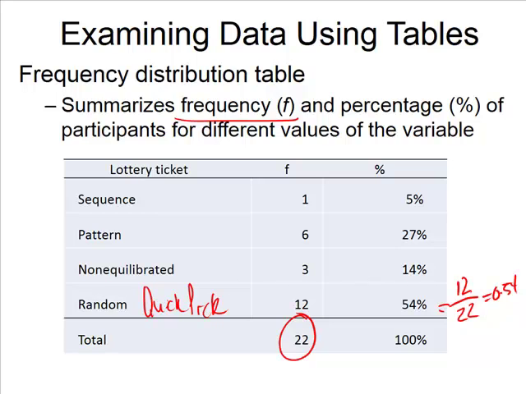So if we're looking at this data, and we're interested in lottery selection method, anything stand out to you? Is there anybody here in this data that you're curious about?